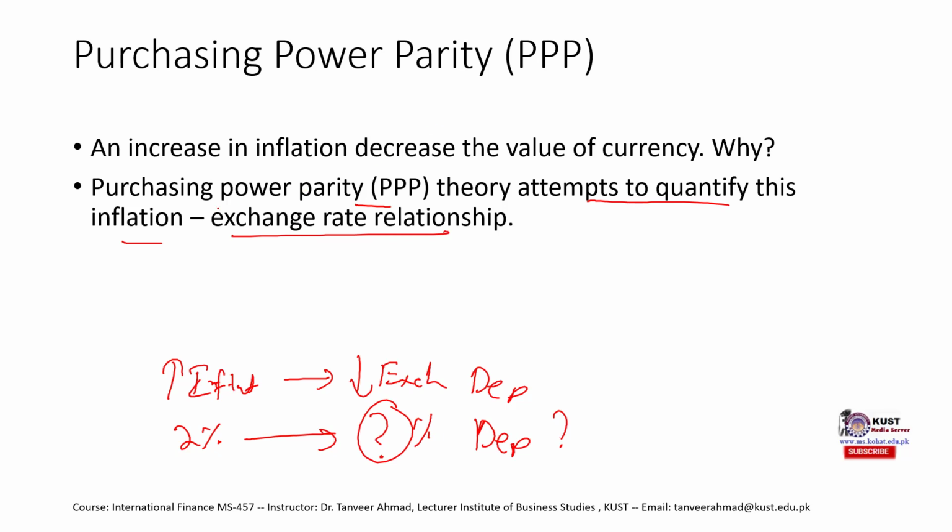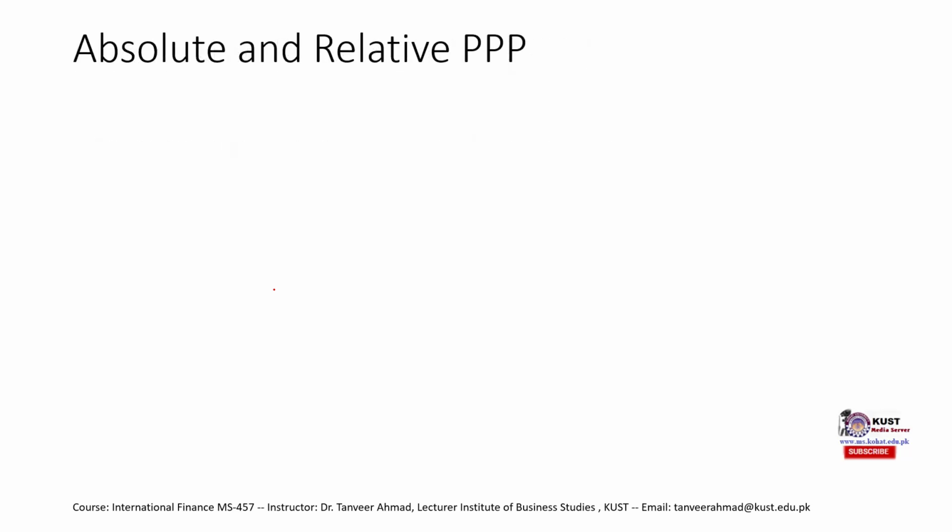So this purchasing power parity would help us in quantifying this relationship between inflation and the exchange rate. It would tell us that if inflation increases by 2%, then the currency, the rupee, would depreciate by this much percentage. We would come back to this quantification in a while, but before that, let's look at two different variations of purchasing power parity.